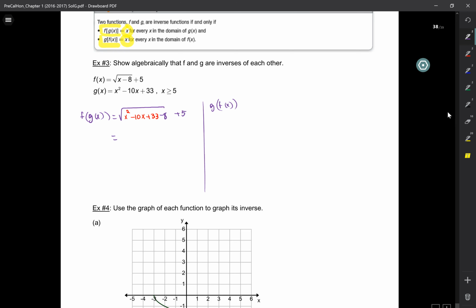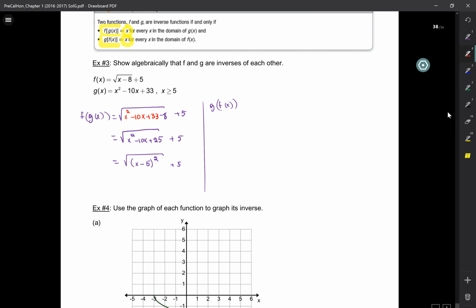So let's see. Sometimes this is just magical. So x squared minus 10x plus 25 plus 5. Doesn't look like anything is happening, but let's see. So this is equal to the square root of, if I factor this, it's x minus 5 squared plus 5.